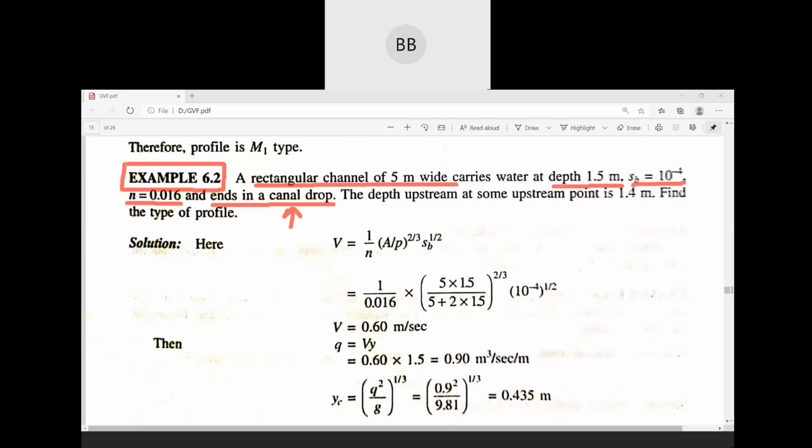So here previously the depth of flow is 1.5 meter, and after this canal drop our depth of water reduces to 1.4 meter. So now what we have to do, we need to find out the profile.